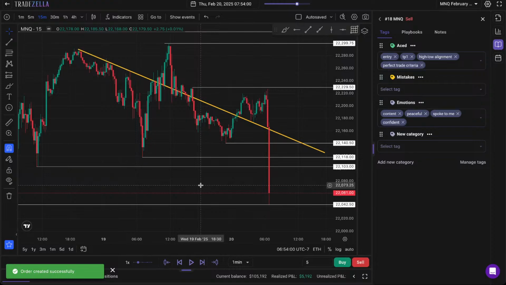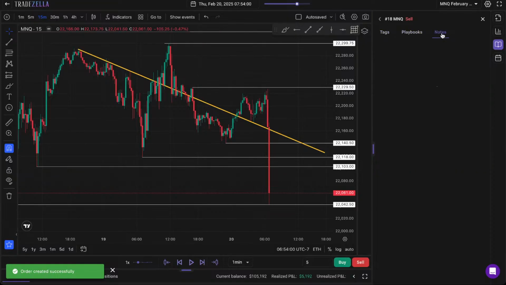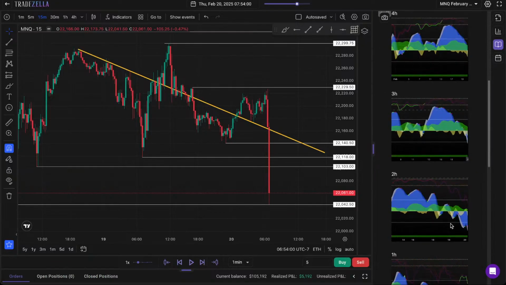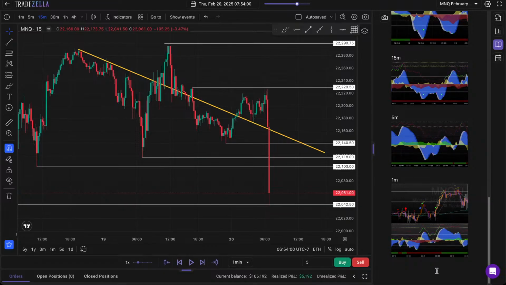I'm feeling this one. It's gonna suck, but at the same time, there was a valuable lesson I'm getting from this one, and we're going to go ahead and journal it now. We hit TP1 and took 5 cons.